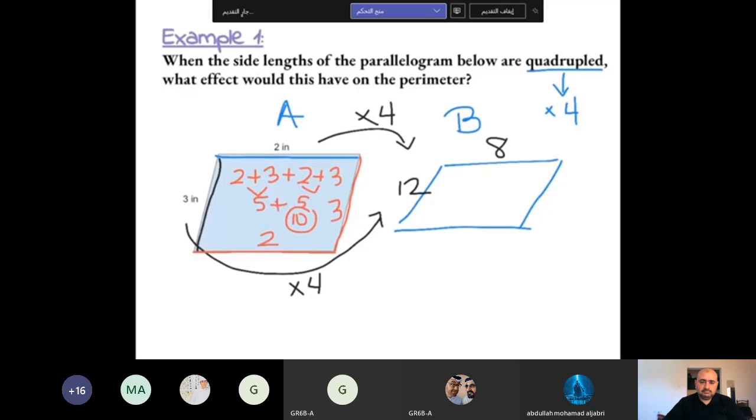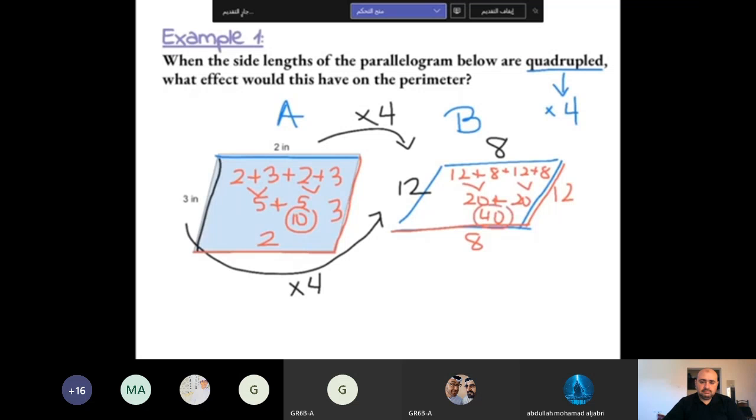This parallelogram, figure B, has perimeter 12 plus 8 plus 12 plus 8, because this side would also be 12, and this side would also be 8. So this gives us 20 plus 20, which equals 40.